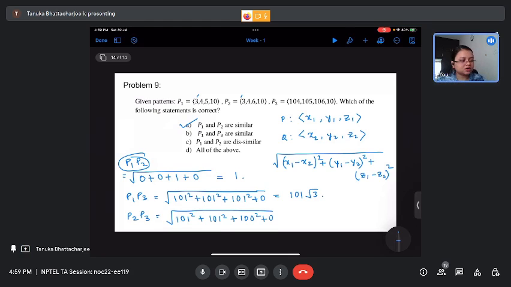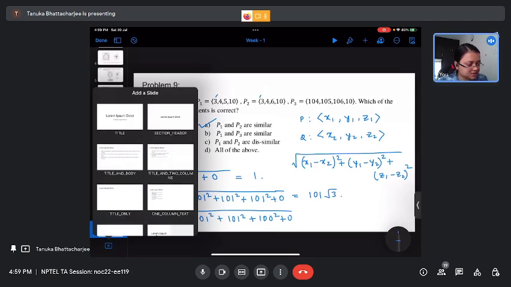Threshold is a heuristic quantity. Depending on your application, you specify a threshold.